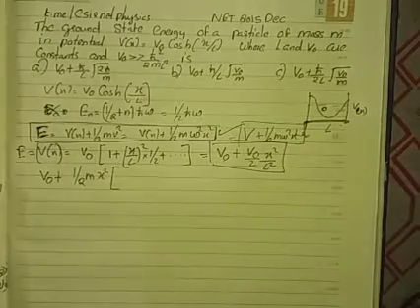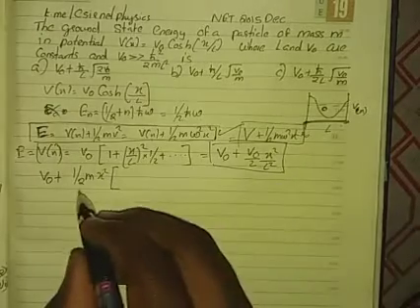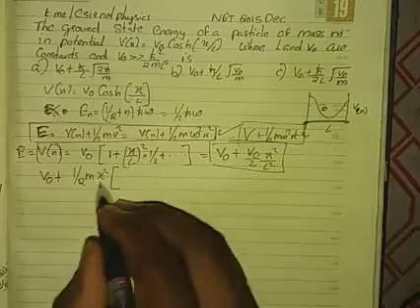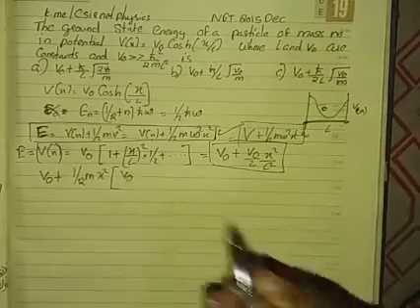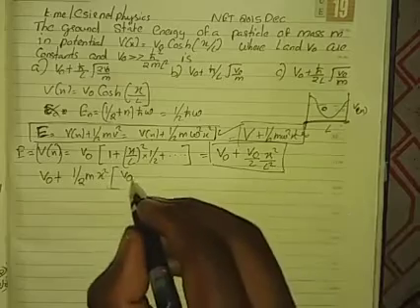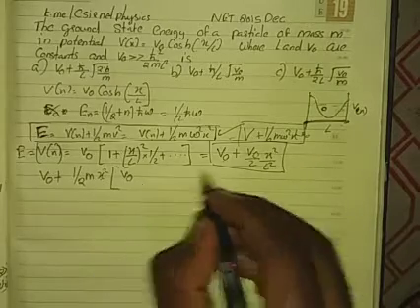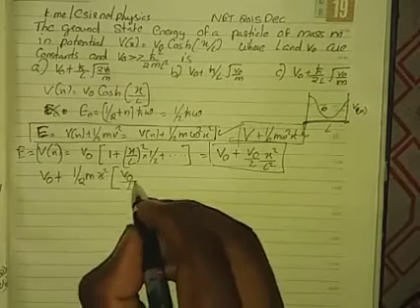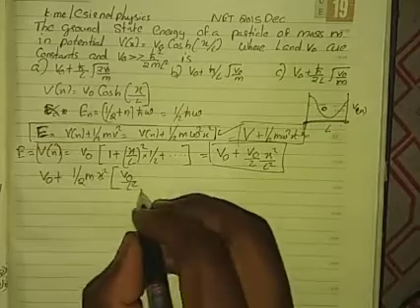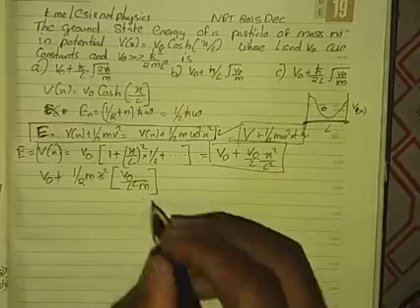I take out the half from here, and then V0 remains, x square goes outside, and there is an L square. Since I took out an m, I have to divide by m. So this is what it is.